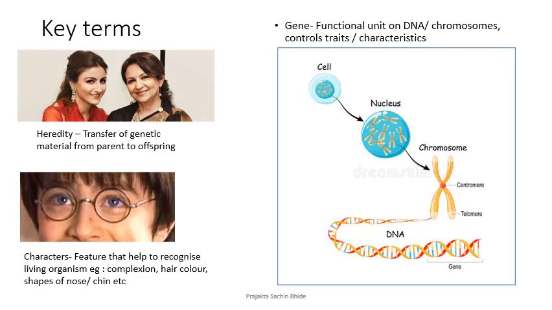In the nucleus, there is certain genetic material that is packed in terms of chromosomes. On the chromosomes, you have this DNA, and on that DNA, you have its functional unit, or gene. And it is because of this gene that there are certain characters which are passed on from your parents to you, or maybe from their parents to them, and it comes along the family tree.